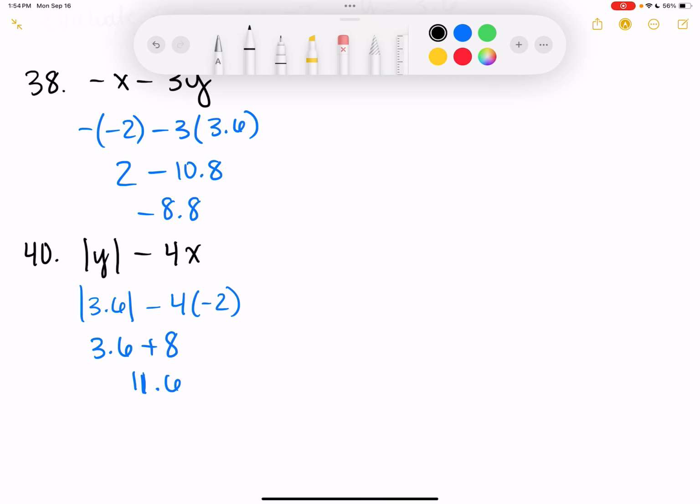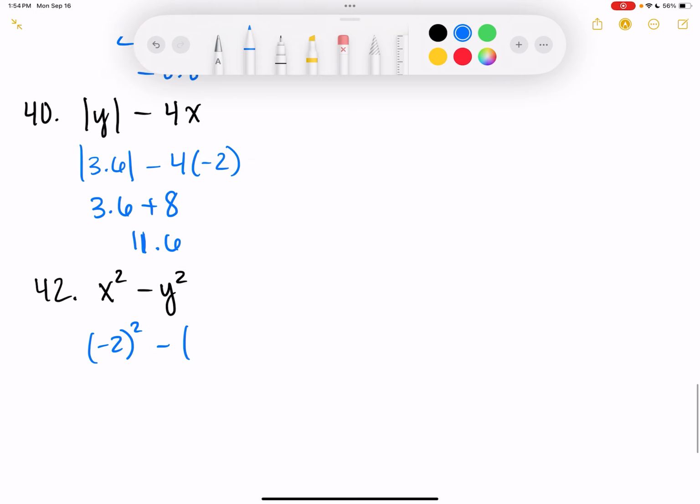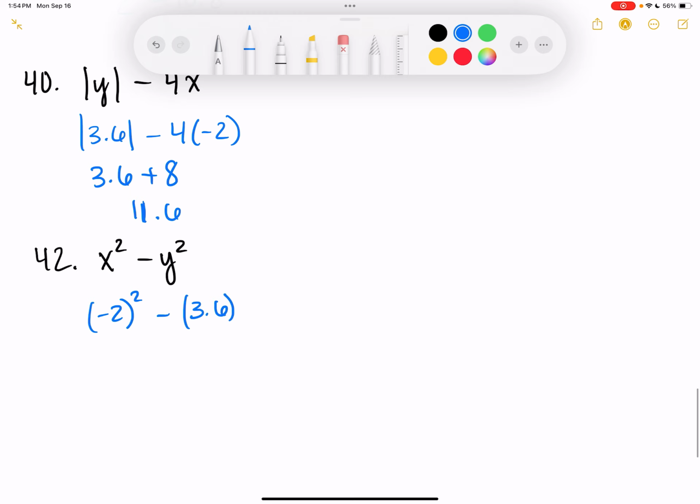And last one, 42: x squared minus y squared. So negative 2 squared minus 3.6 squared. And notice here, this negative sign is not getting squared, okay? This one here. This one, though, is. So what is negative 2 squared? 4. 4 minus 3.6 squared. Work that out.